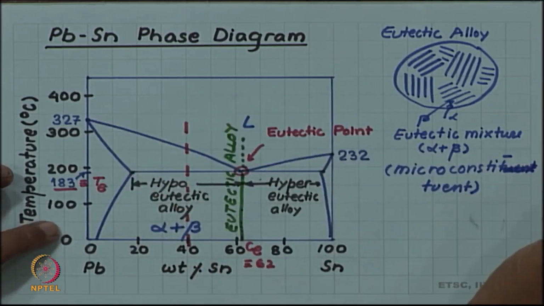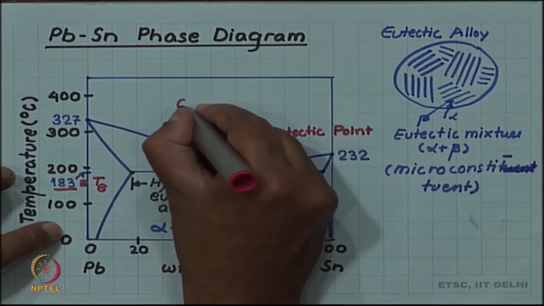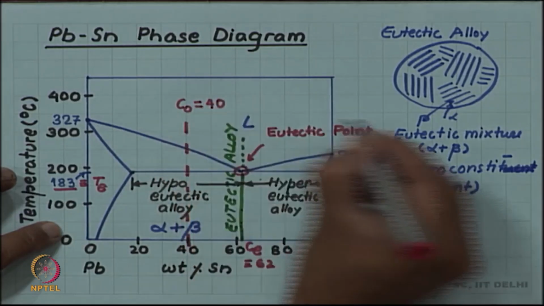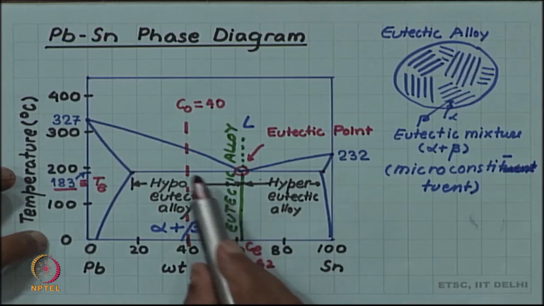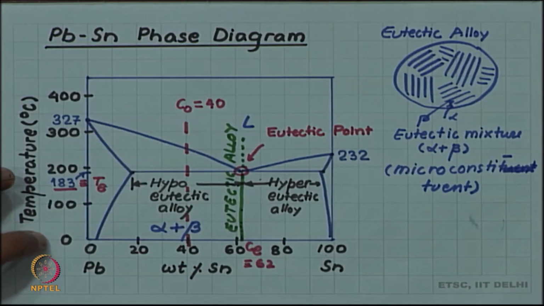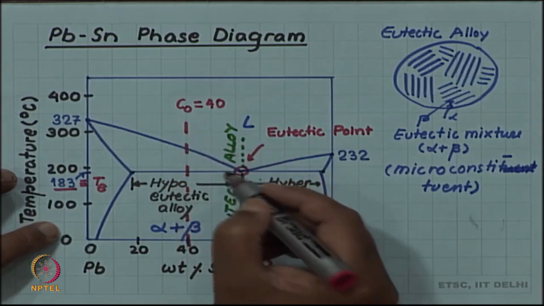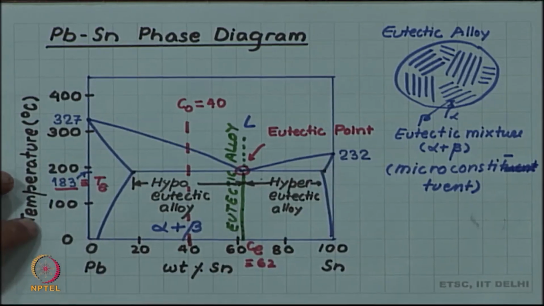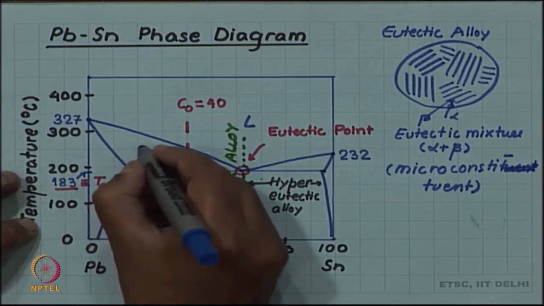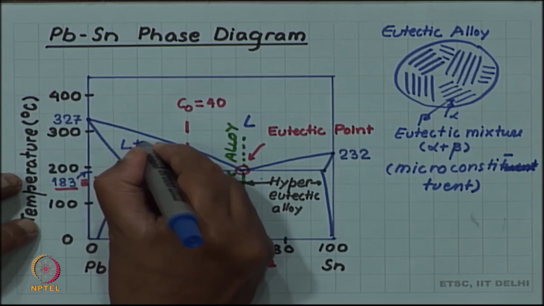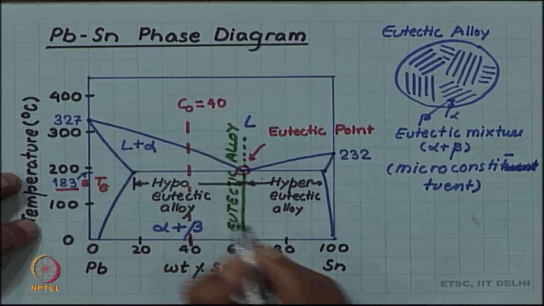This particular alloy has an alloy composition of 40% tin, and since this is less than the eutectic composition of 62, this will be a hypoeutectic alloy. This alloy, as it cools, will not directly form the alpha plus beta, because before it reaches the alpha plus beta region, it enters the liquid plus alpha region.